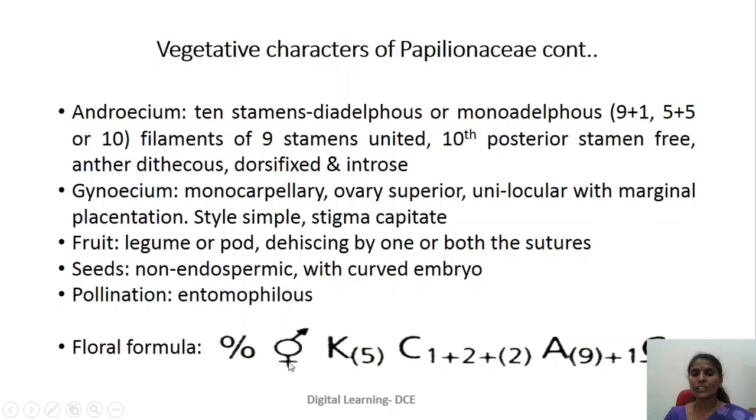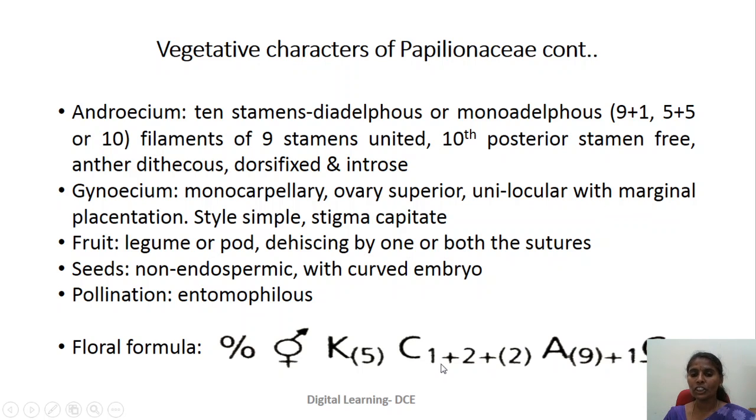Both male as well as female sex organs are present, and the symbol is followed by capital letter K, which represents the calyx. The calyx in Papilionaceae is 5. Since they are united, they are put inside the bracket. Then corolla is represented by capital C.